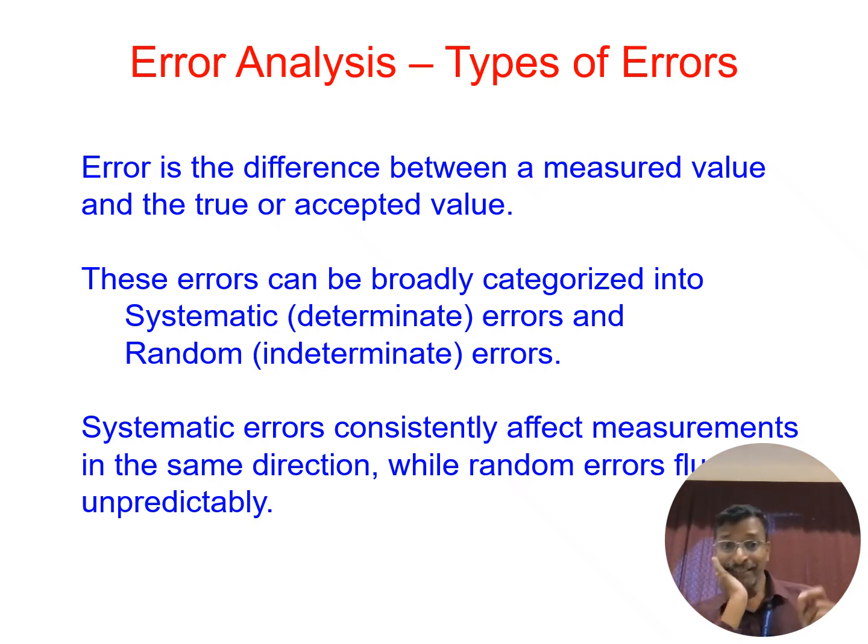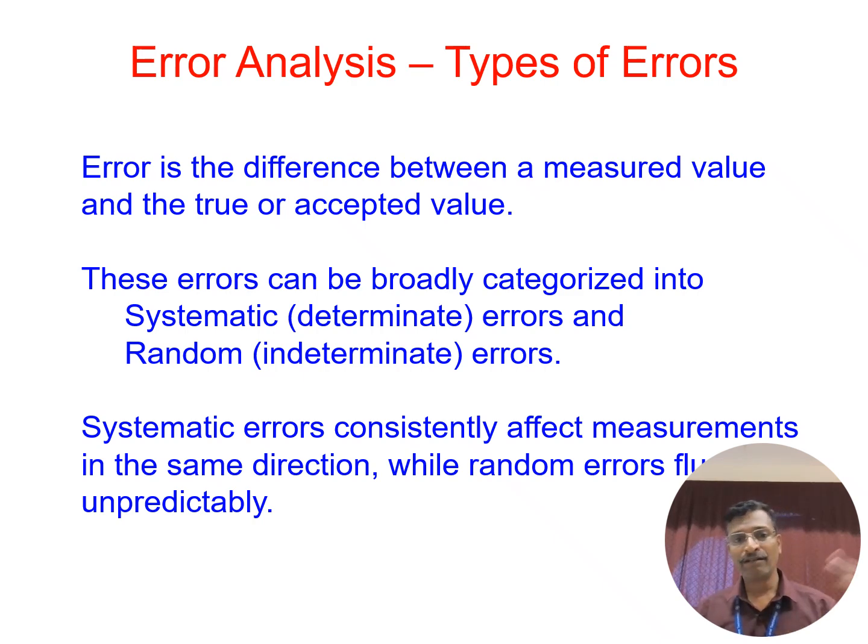But if you are using the same pipette for the whole set of analysis, the error will not fluctuate much. So consistently you are using the same thing, so there is a possibility to minimize the error. Whereas a random error is not like that.